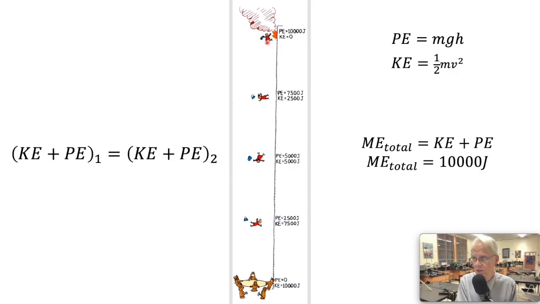Anywhere else along this trip, if we take the kinetic energy and add it to the potential energy, as long as this is an isolated system and we're neglecting an outside non-conservative force, such as air resistance, or we'll think of it as friction, then we should get the same number. In this case, 10,000 joules.